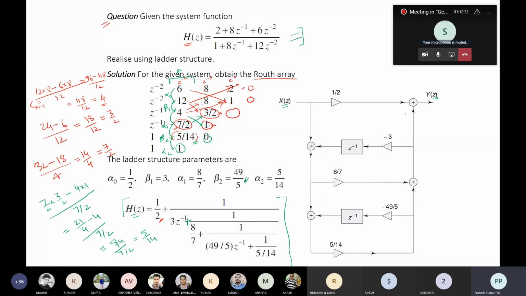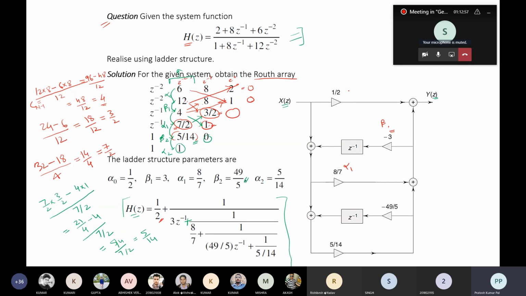Then again it is coming out to be here and an adder will be implemented. So this adder will be having a relation from the output. So this will be beta 1. So beta 1 is 3. So if it is 3, then here it will be minus 3. Okay. So here the opposite sign will be there. So minus 3 multiplied by z to the minus 1, that will be added. And whatever is coming out to be here, this will be again multiplied by the alpha 1 value. So this is alpha 1 value.